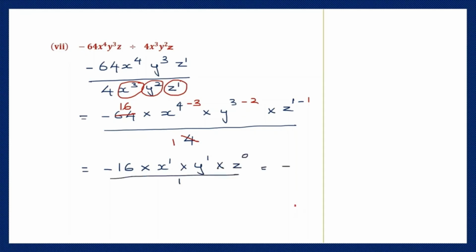So this is minus 16 into x into y into z raised to the power of 0 is 1. So here I have my final answer as minus 16xy. So this is my final answer.